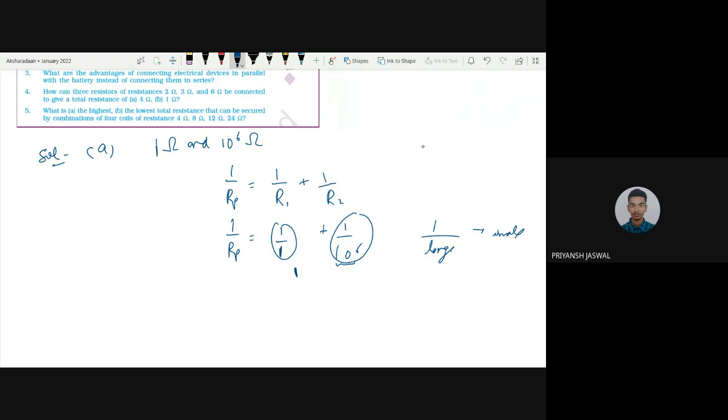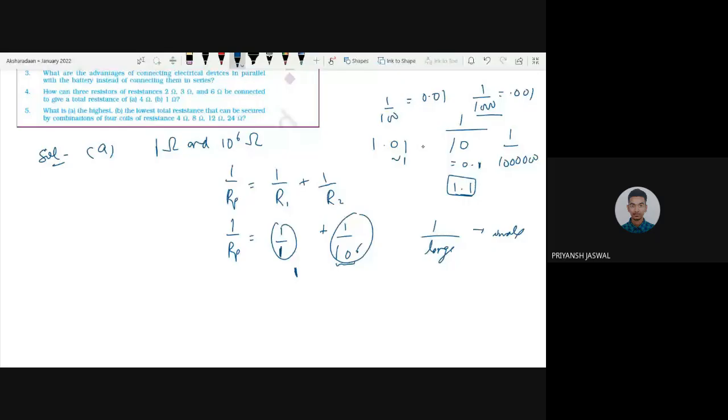Similarly, suppose there is 1 by 10, it comes to be 0.1, which is comparable to 1, although it's not very large, but still, if I add to 1, then there is a noticeable change. It becomes 1.1. But if I divide by 100, then it becomes 0.01. So 1 plus 0.01 will be 1.01, which is again approximately 1 only. And if I keep on increasing this denominator for 6 zeros, it will become 0.000001.